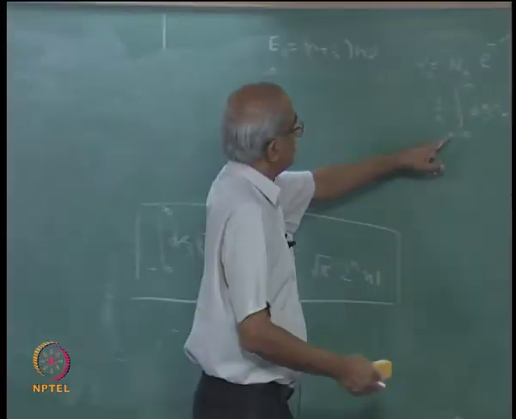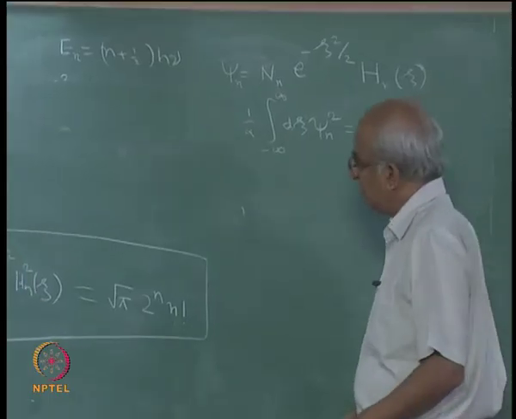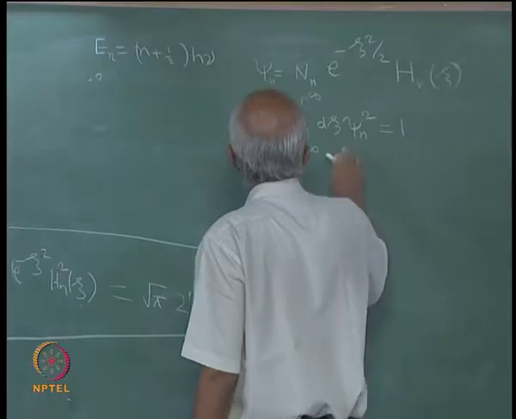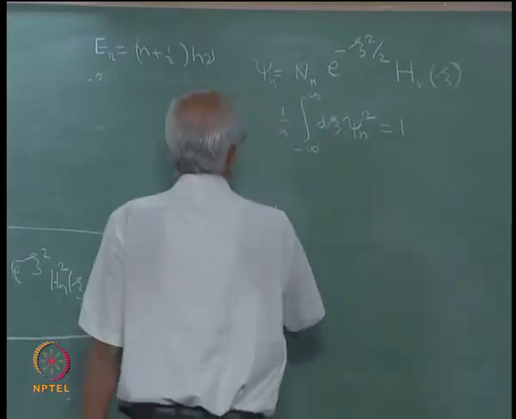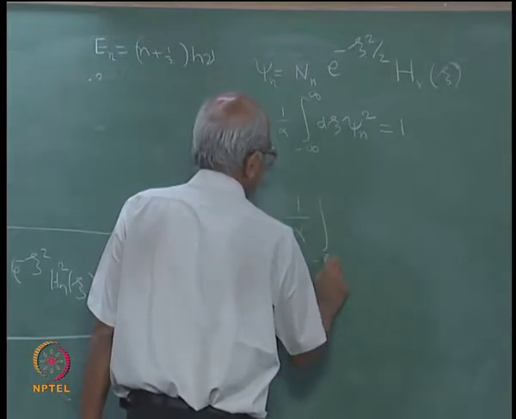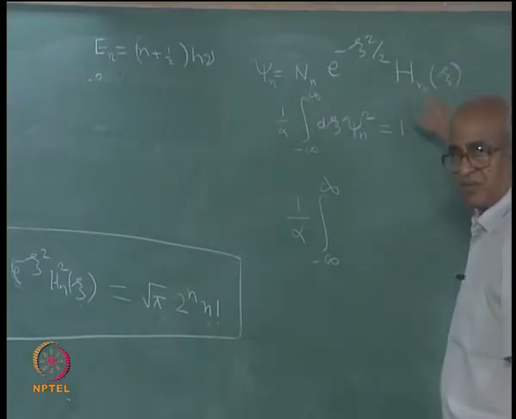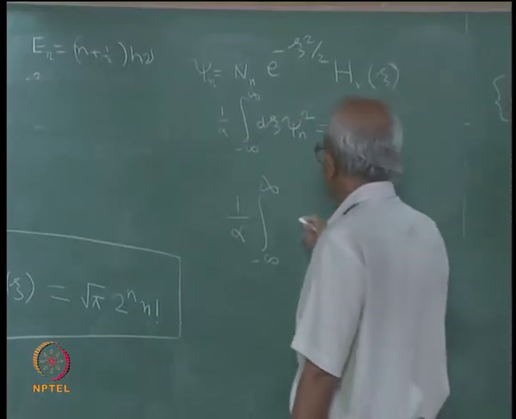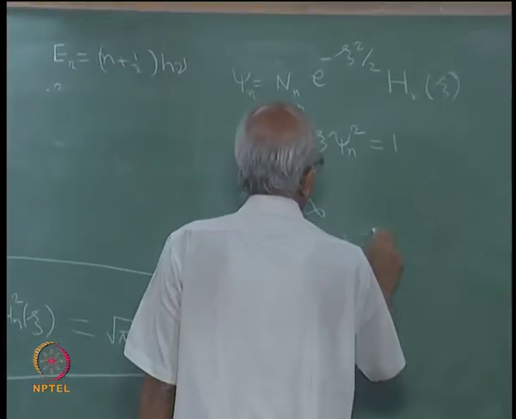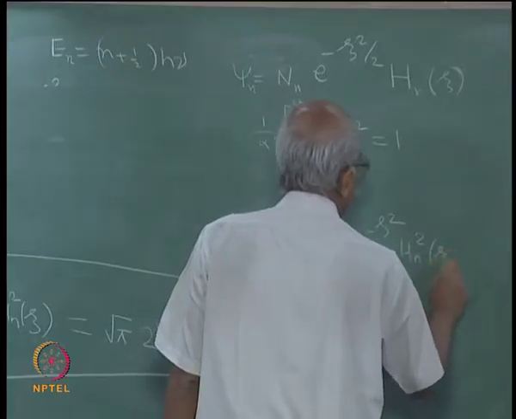The normalization condition is here, right, and the way it is written is this. So, let us rewrite this once more, 1 by alpha integral minus infinity to plus infinity, psi n is given by that expression, okay, psi n is given by this expression. So, therefore, I will put N square e to the power of minus c square Hn square c is equal to 1.